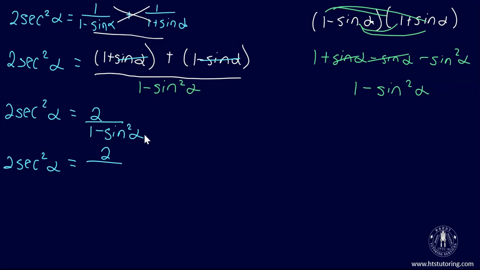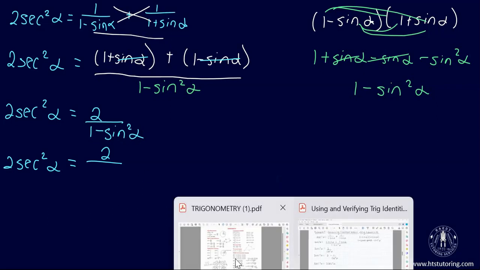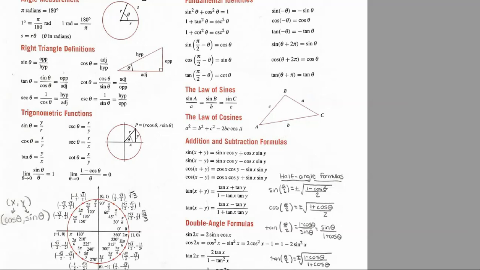Now I need to think, can I combine 1 minus sine squared alpha? If you've got a 1 plus or minus some other trig function that's squared, you're probably looking at your Pythagorean identities. So if we go look at our trig sheet, we'll look for sine squared alphas and 1s. Our fundamental Pythagorean identity is sine squared alpha plus cosine squared alpha equals 1.